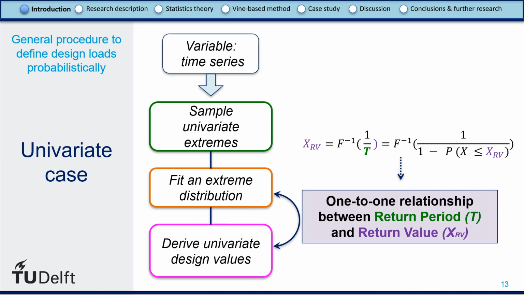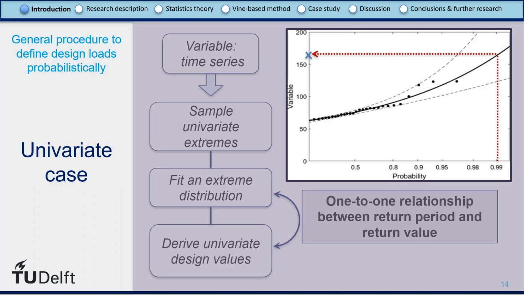In the univariate case, there exists a one-to-one relationship between the return period and the design value or return level. And this is actually what allows engineers to go from the fitted extreme distribution to the actual derivation of these univariate design values.